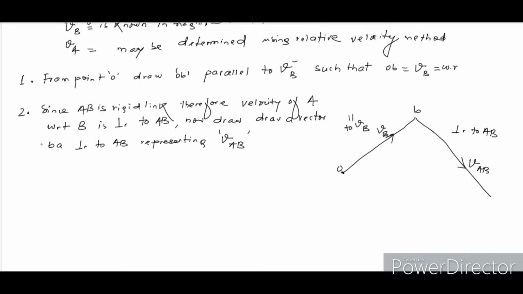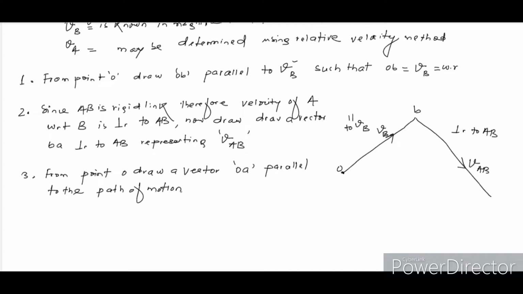Now, third step: from point o, draw a vector oa, parallel to the path of motion of slider A, which is vector VA.